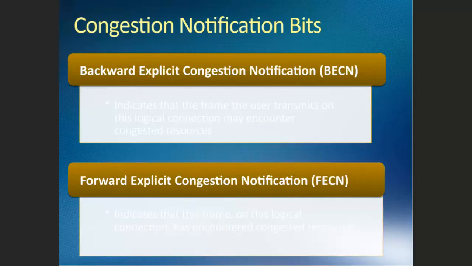And then we have this FECN and BECN. BECN means backward explicit congestion notification. If it is set to positive, it indicates that the frames the user transmits on this logical connection may encounter congested resources. Let me read it for you exactly.